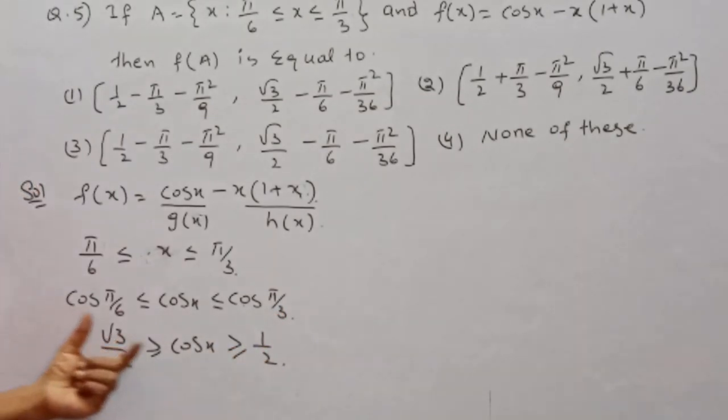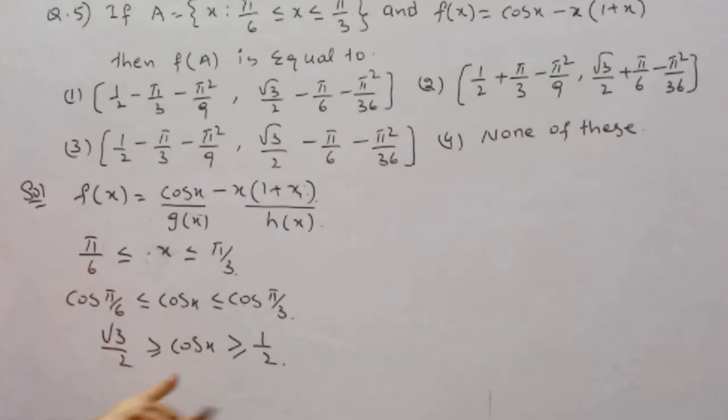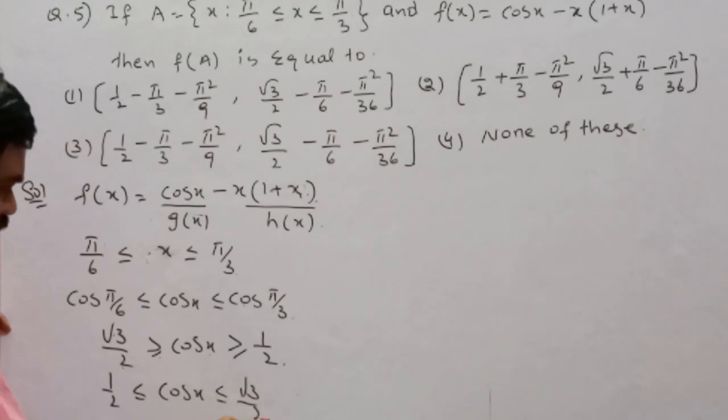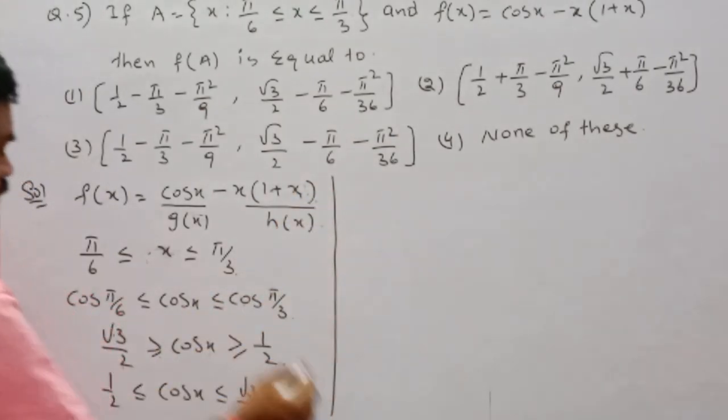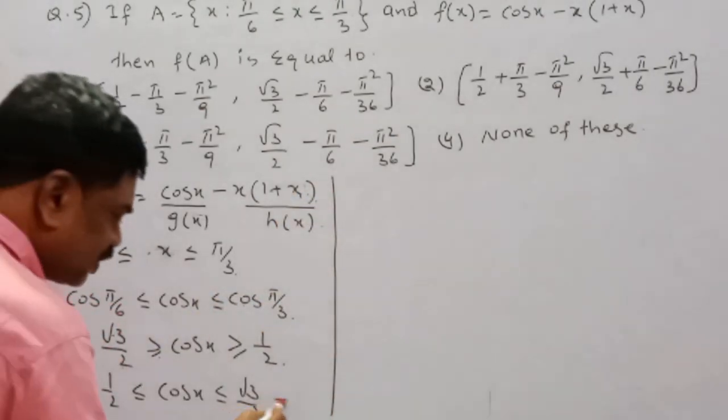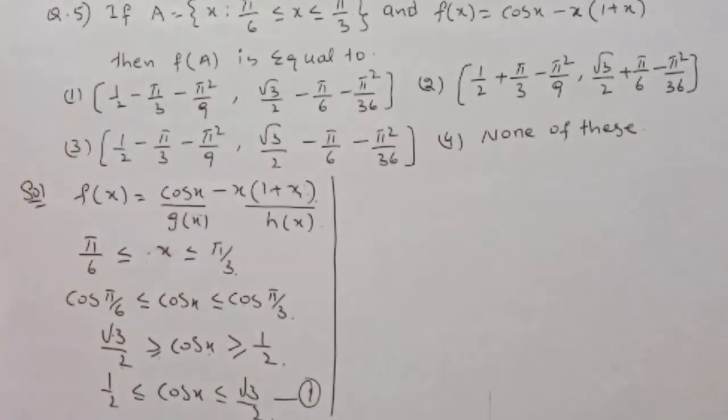Why? Because cos x is a decreasing function. So root 3 by 2 is greater than or equal to cos x greater than or equal to 1 by 2, so 1 by 2 is less than or equal to cos x less than or equal to root 3 by 2. Okay, all of you. This is the first one.